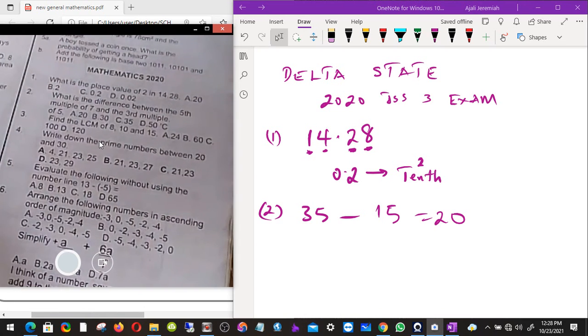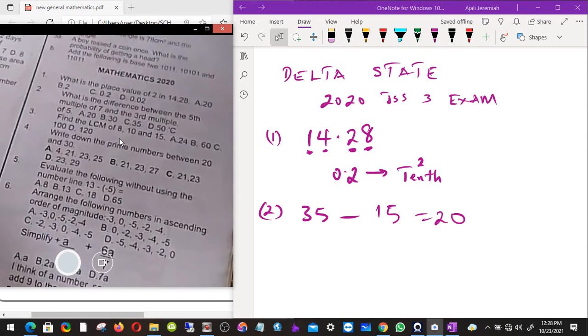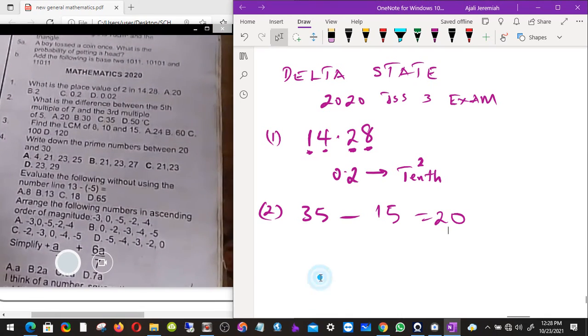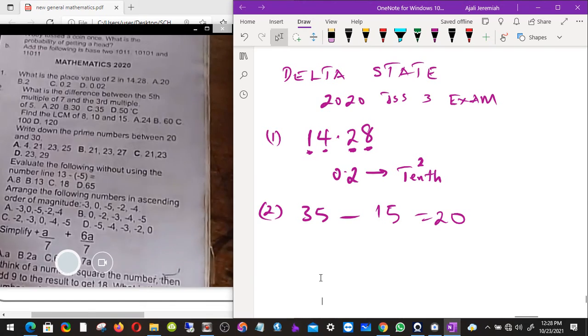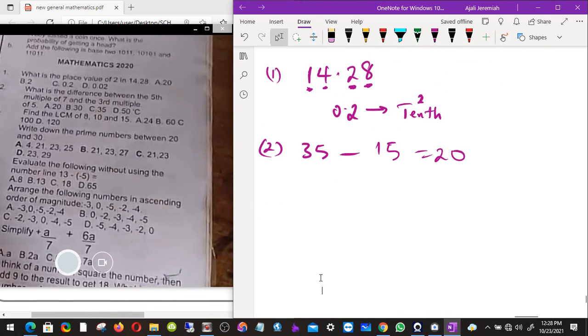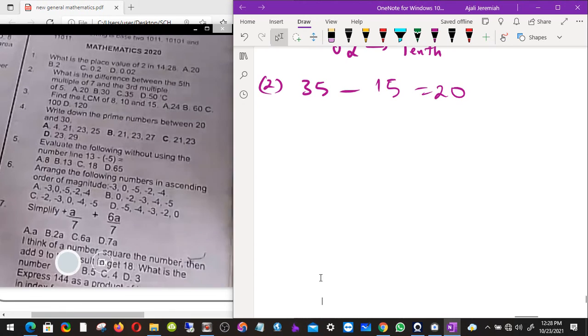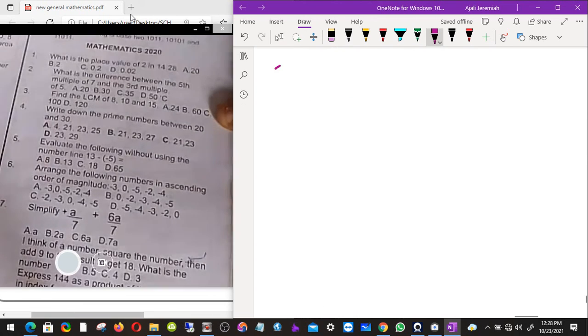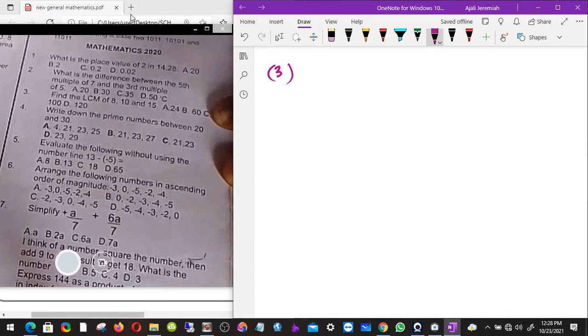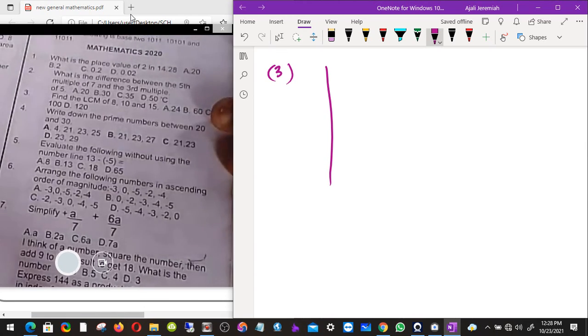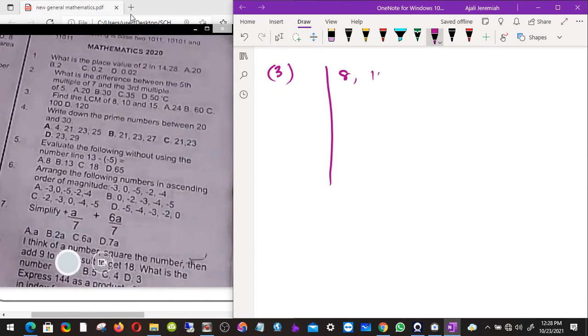Find the LCM of 8, 10, and 15. Can 2 go?